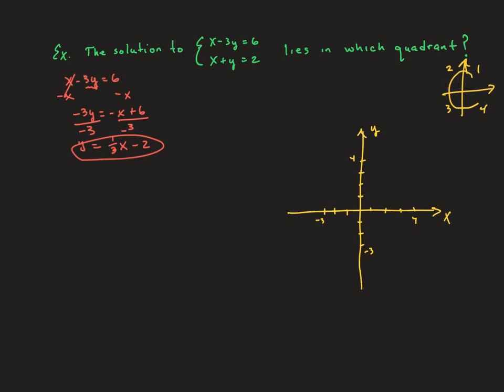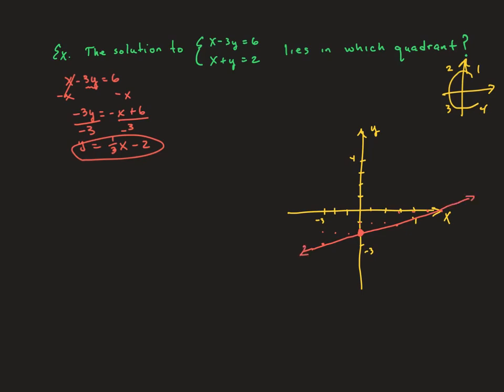All right, so we start off at -2, and the slope there is going to be 1 over 3. So I'm going to go up 1 over 3, up 1 over 3. Now I can go over 3, up 1, and that is going to be graphed something like that.